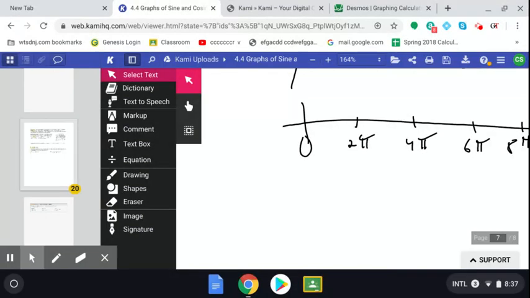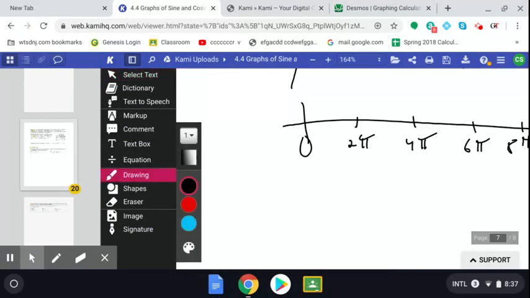But I have to shift everything down 3 units. So 1, 2, 3, and then this one would be 1/2, which means this would be -3, -2.5, and this would be -3.5.